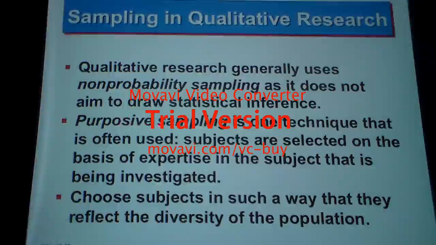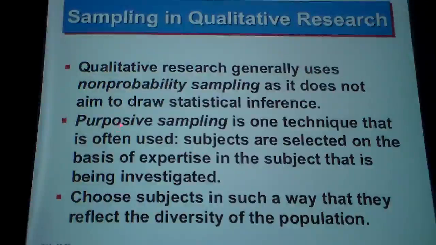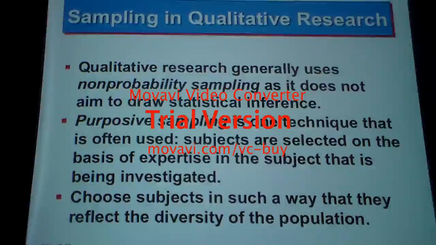Okay? Purposive sampling is one technique that is often used. Purposive means depending on the purpose. Subjects are selected on the basis of expertise in the subject being investigated. Here we don't have rules like choosing depending on numbers.